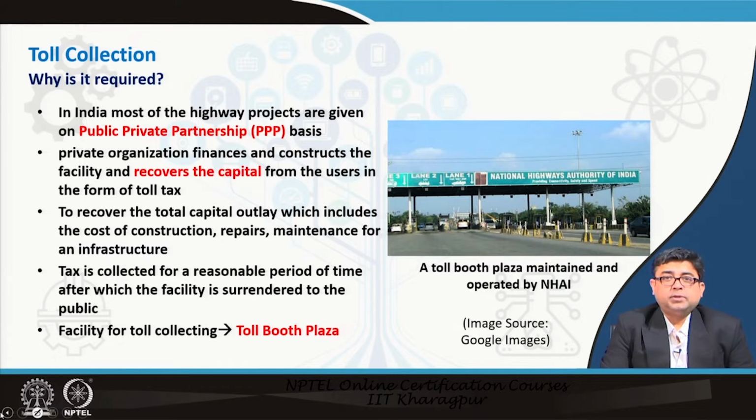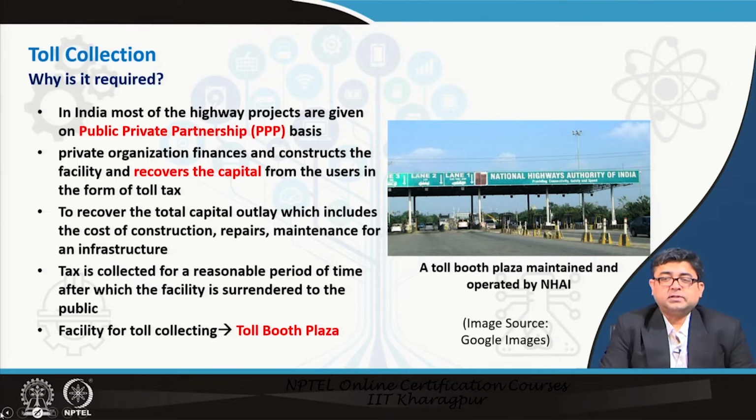So, this whole PPP model has been developed, and as a result of this model, what we have seen is that the private entities now collect tolls from the users of that facility, and these tolls are used to not only regain the money that the private players have invested, but also can be used for maintenance and operations of that facility during the toll period.